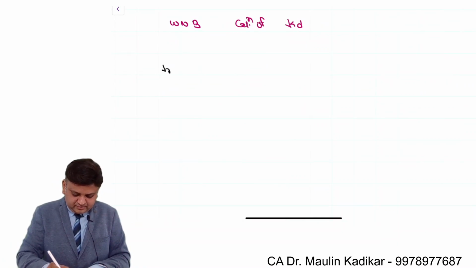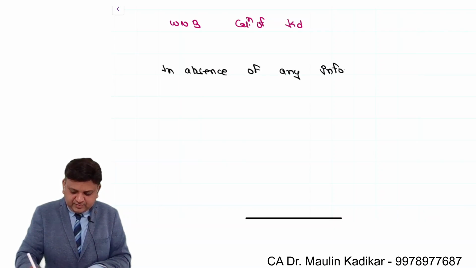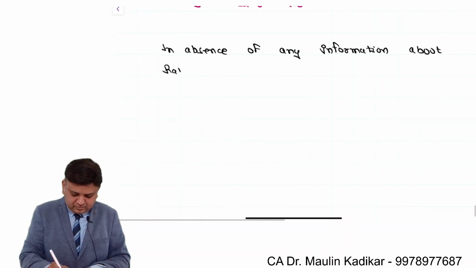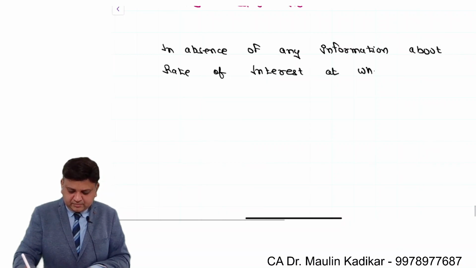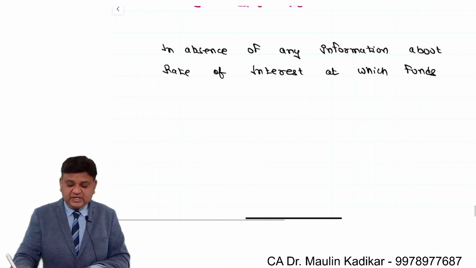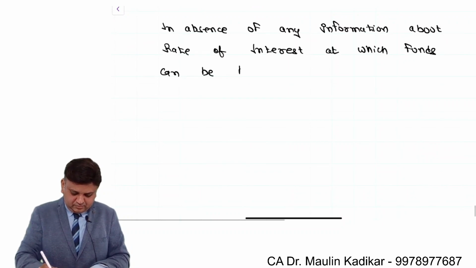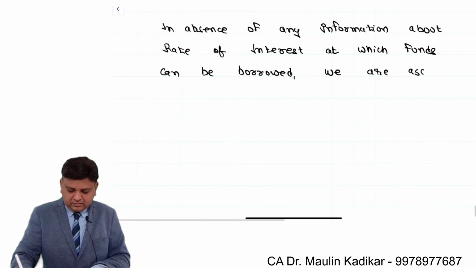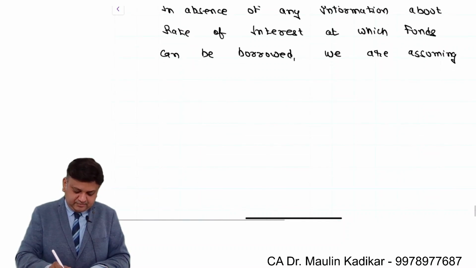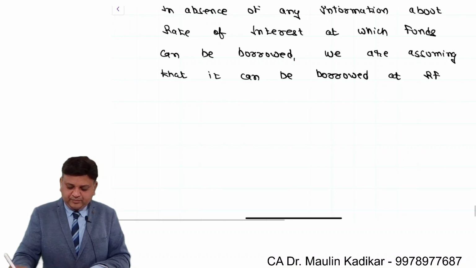So write down in that, in absence of any information about rate of interest at which funds can be borrowed, comma, we are assuming that it can be borrowed at RF.